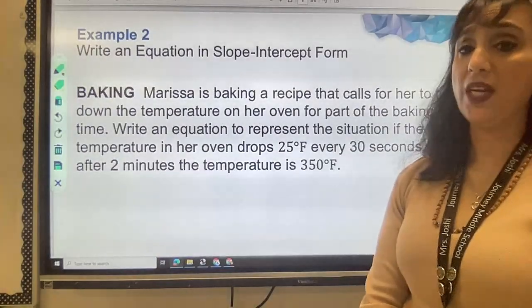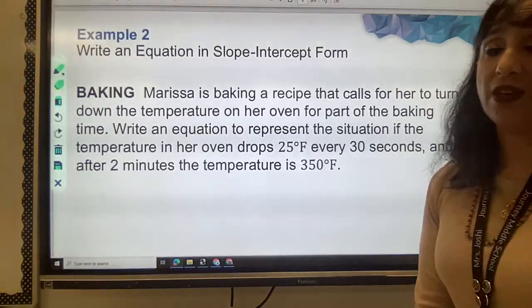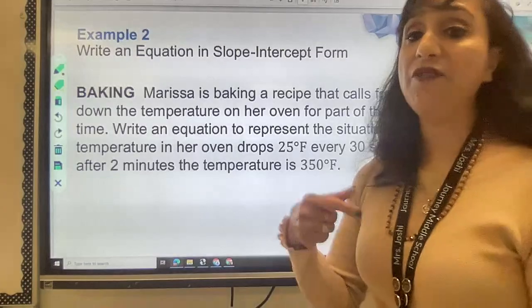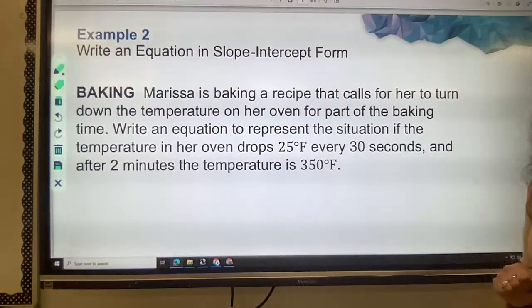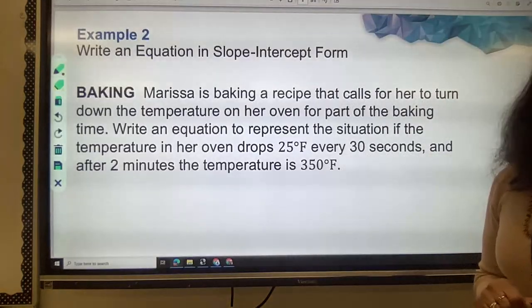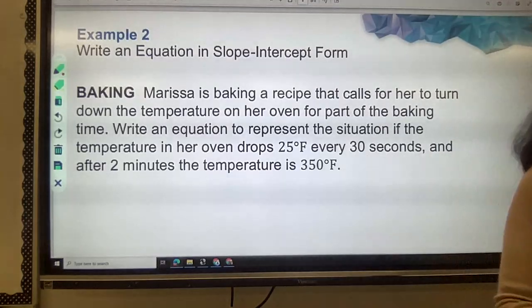Write an equation to represent the situation if the temperature in her oven drops 25 degrees every 30 seconds, and after 2 minutes, the temperature is 350 degrees Fahrenheit.